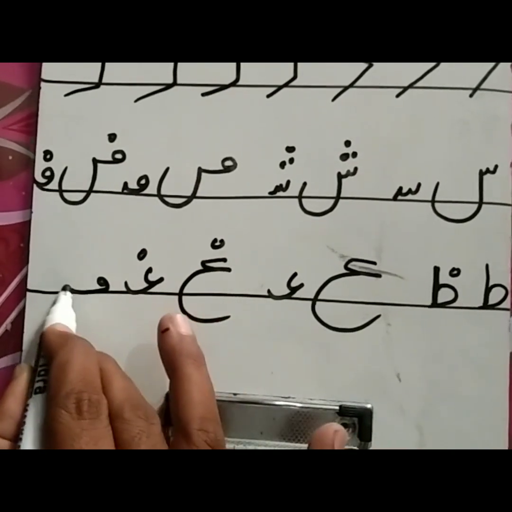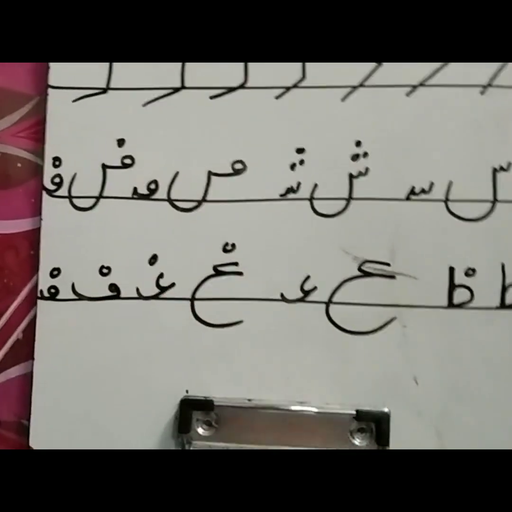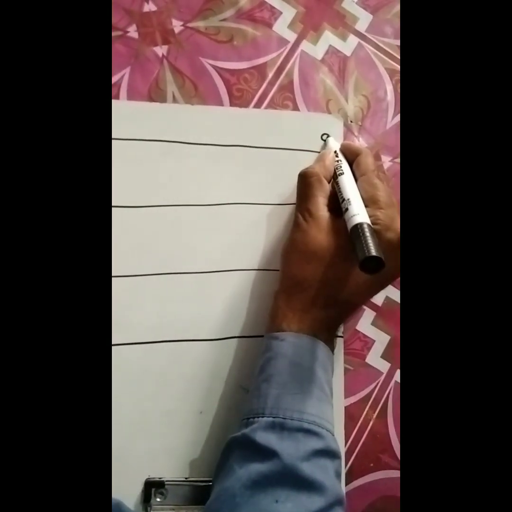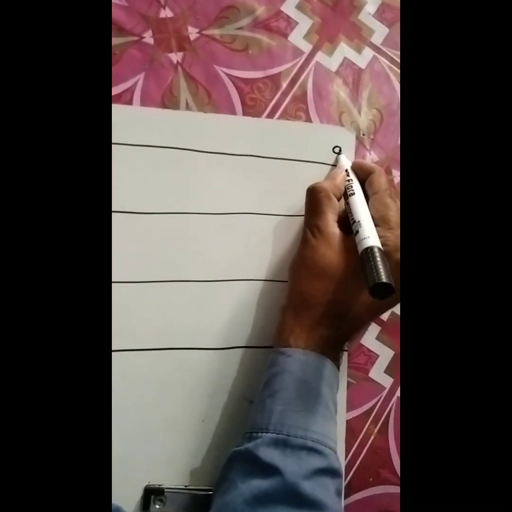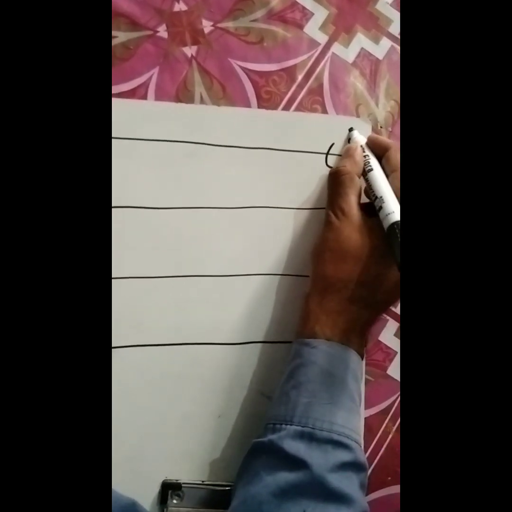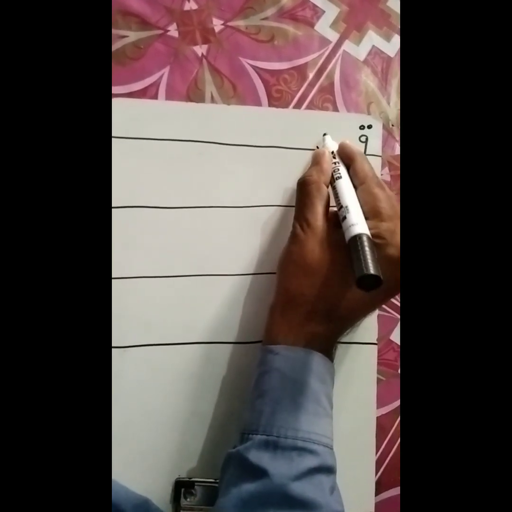The next letter is Fe and the half shape of Fe. The next letter is Qaf. Make a circle, then a down curve like this, and put two dots above, and the half shape like this.